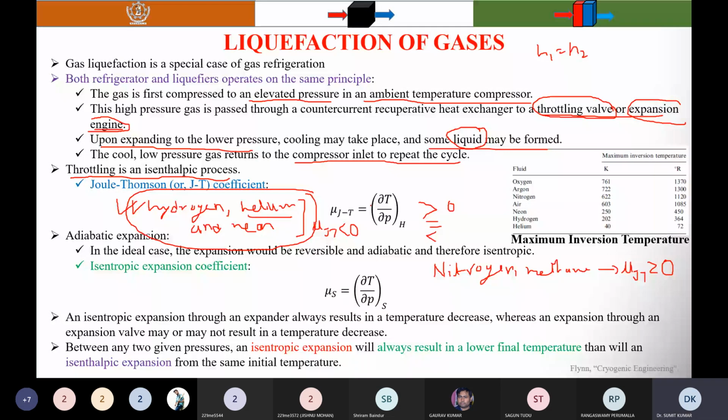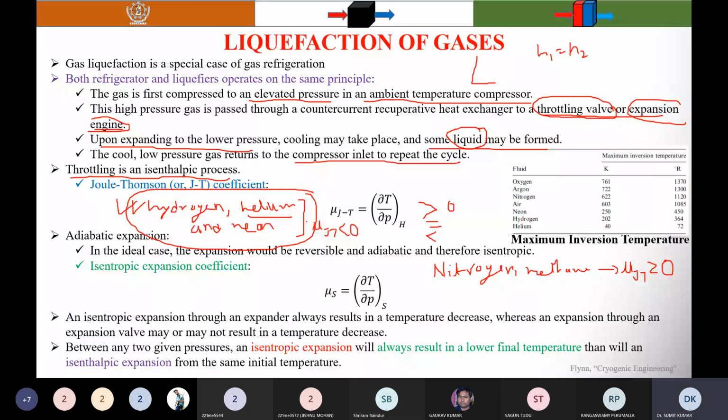You may remember that a solid is converted into a liquid during freezing, but in the helium case it is converted into another liquid. So the properties of these gases have a different behavior at low temperatures. I skip these things because you will study them in the next semester.